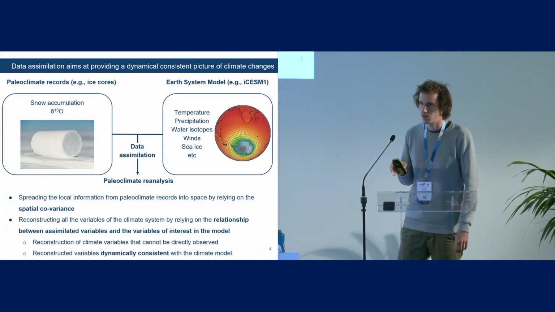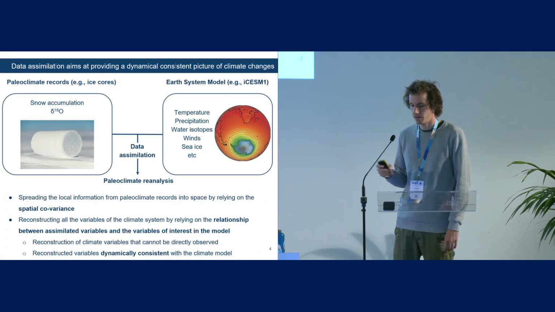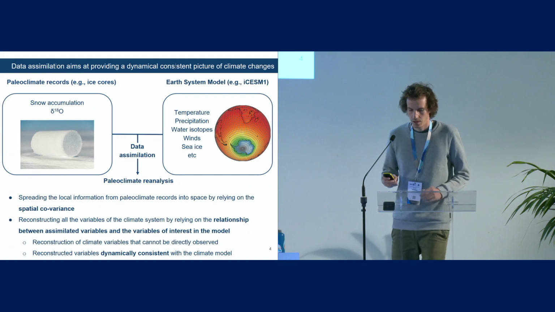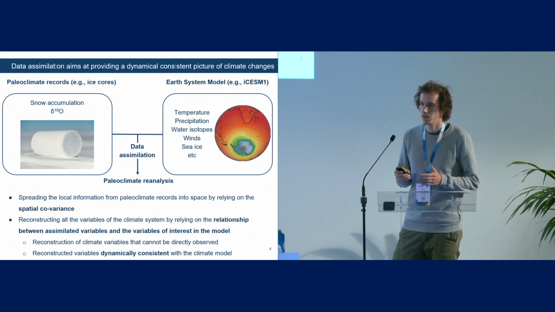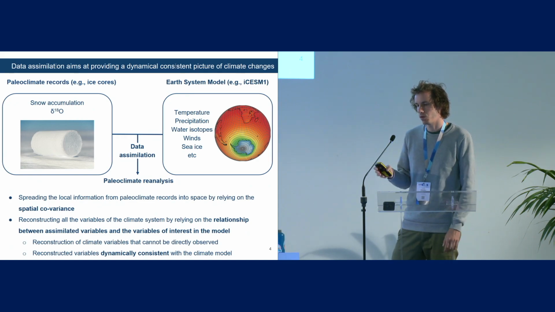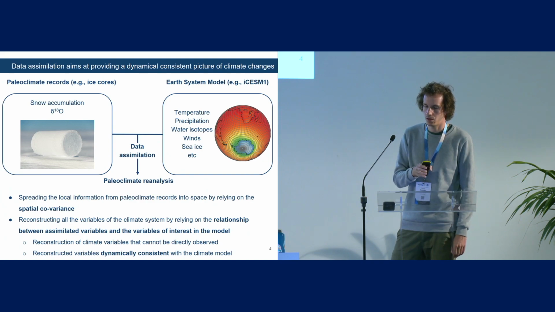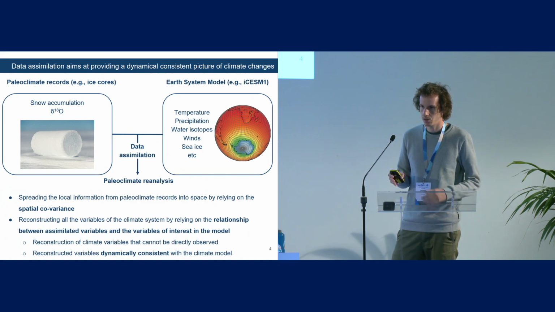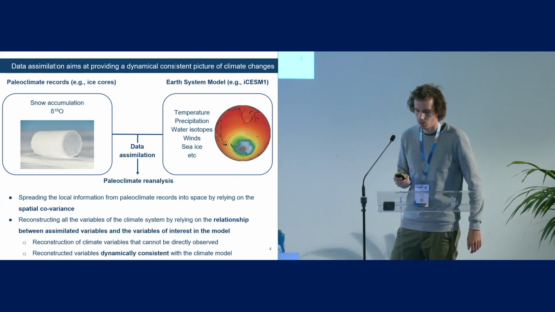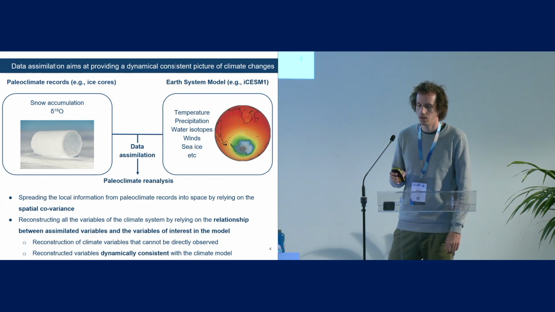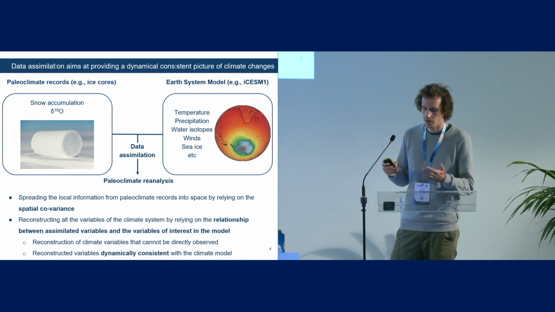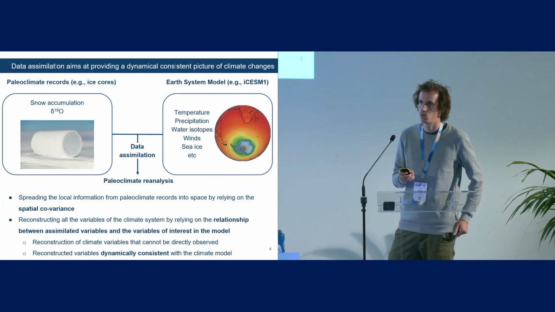So we combine these two sources of information with data assimilation. In practice, the climate models allow us to spread the information from paleoclimate records in space, because we rely on the covariance of the climate models, but also to other variables, because again, we can rely on the covariance between the assimilated variables and the ones that we want to reconstruct.